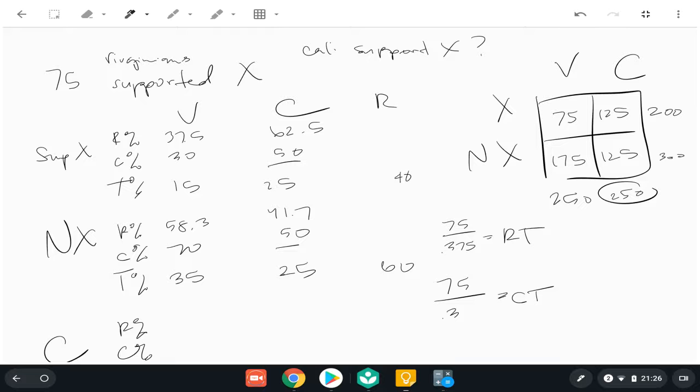Oh wait, I need the relative frequency. So 40%. Okay, maybe I need to see what applies over here. So is everything nullified because column percentages are equal? Maybe. I'm going to put equality, that's my first thought. Maybe. I'll put one dot on it. 50% of Californians support X, but 40% of all people support him. Okay, so we're higher than average, that's true. No, because 50% and no, maybe may also be true.